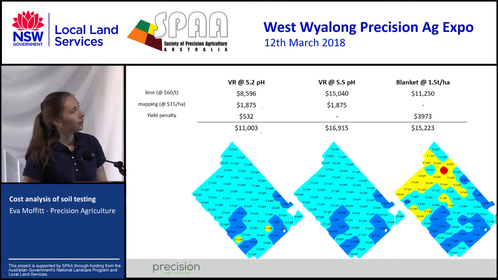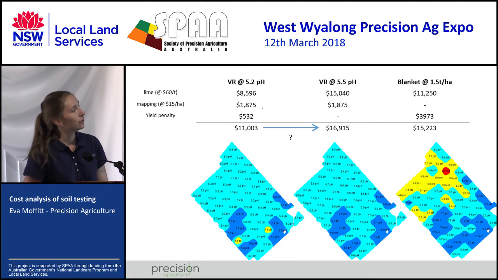Our blanket over here at 1.5 tonne, despite it costing almost as much as the 5.5, this is what we're ending up with. So this one here is in a better state when we come back to relime it. So the difference between these two, I've just got a question mark there.